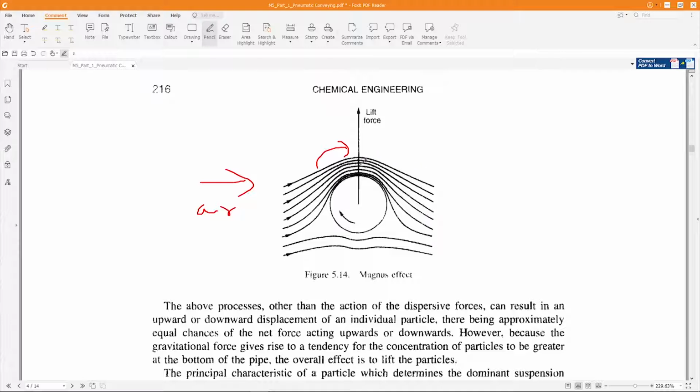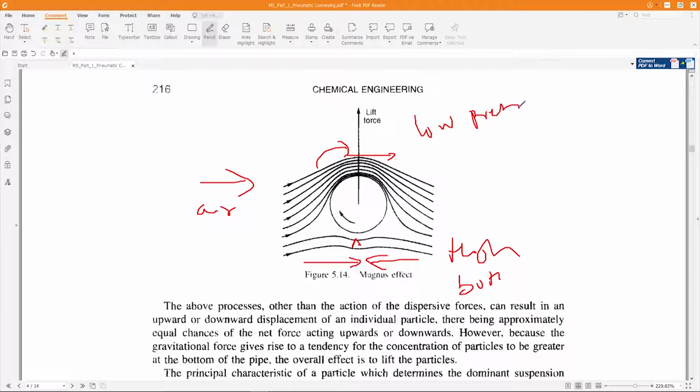At the top of the particle, the air and the particle are moving in the same direction. But at the bottom, the air is in this direction, but the particle is rotating in the opposite direction. So what will happen? There will be a greater pressure force here. Pressure will be high at the bottom, and there will be low pressure at the top.